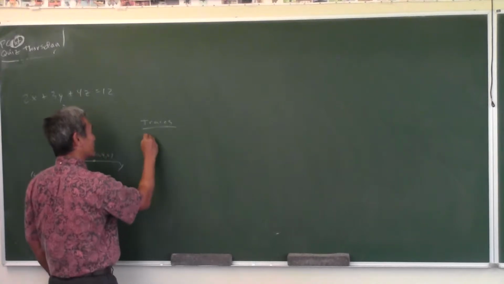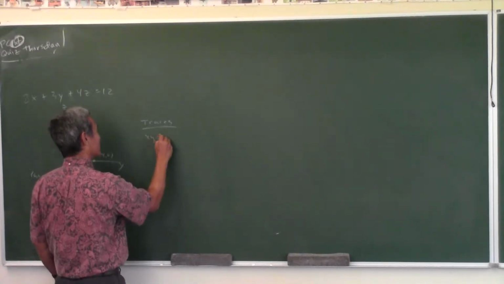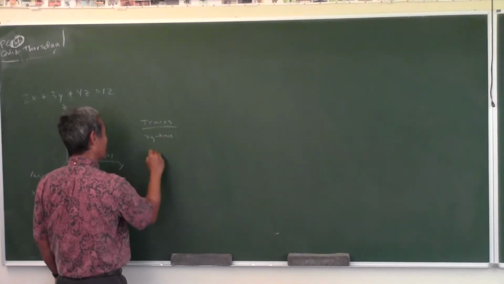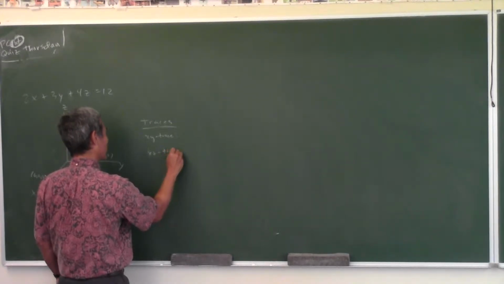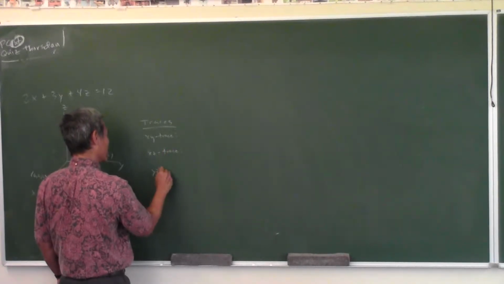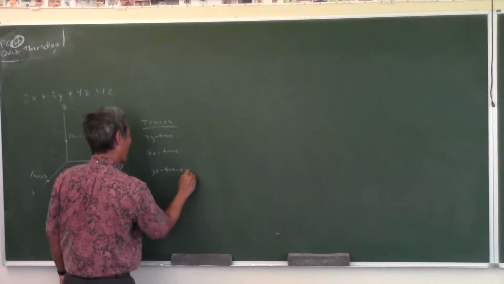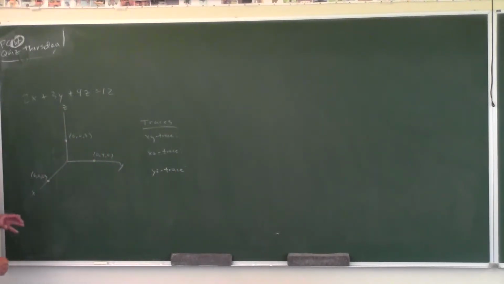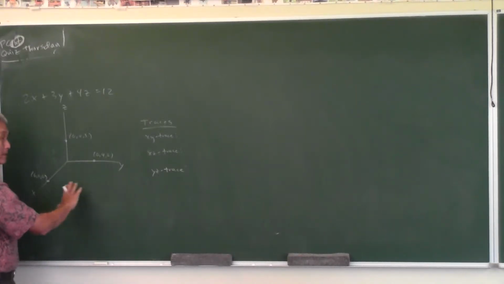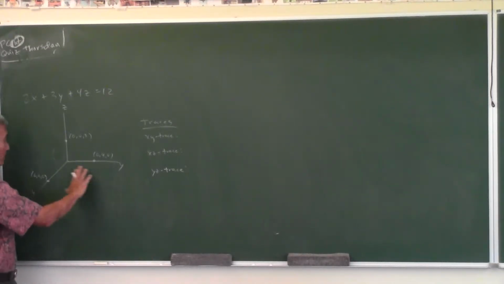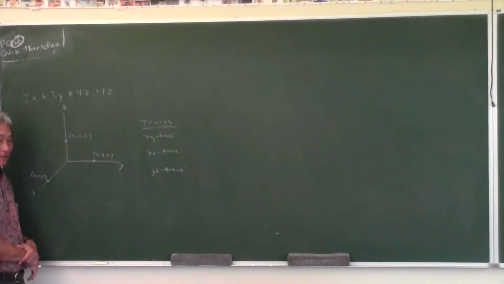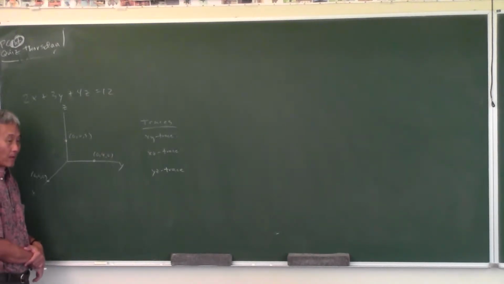Okay, there are 3 traces. You got the xy trace, the xz trace, and then the yz trace. Now, what the heck is the xy trace? The xy trace is where the graph intersects the xy plane right here. Now, in the xy plane, what can you say about the z coordinate? It's 0.